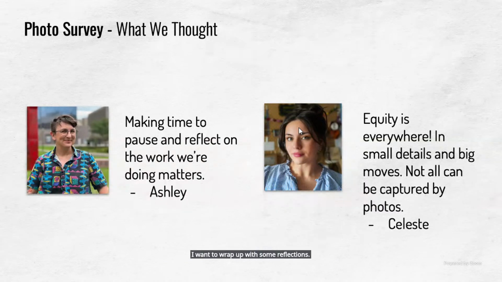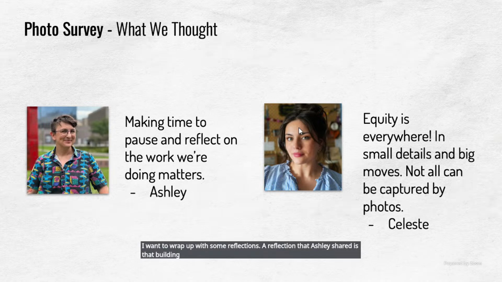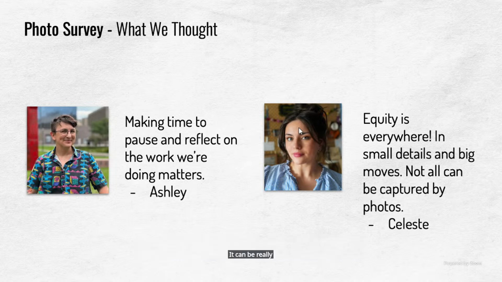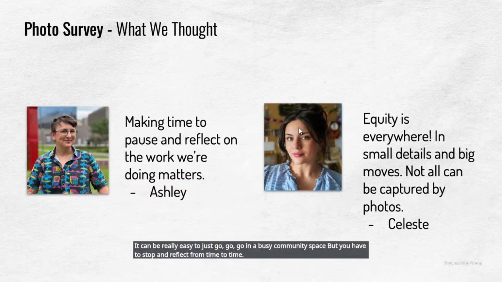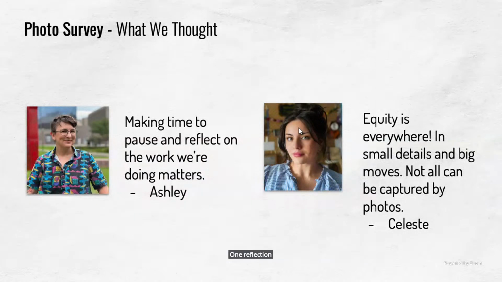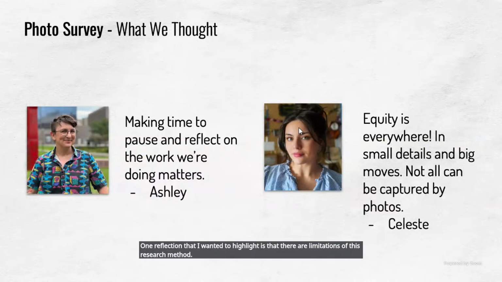I want to wrap up with some reflections. A reflection that Ashley shared is that building out explicit time for reflection is important. It can be really easy to just go, go, go in a busy community space, but you have to stop and reflect from time to time. One reflection that I wanted to highlight is that there are limitations of this research method. Photos are just one point in time.